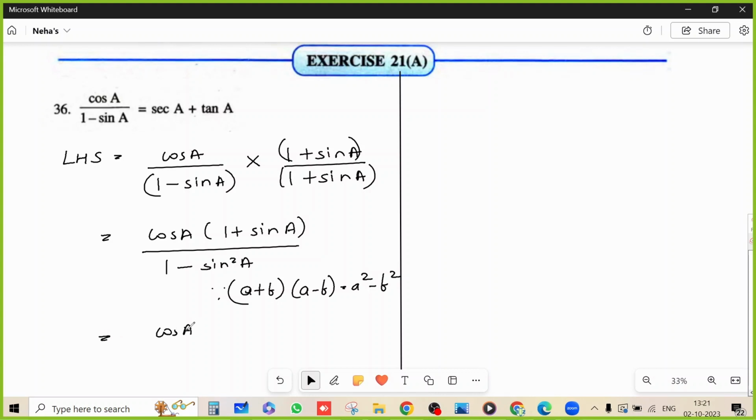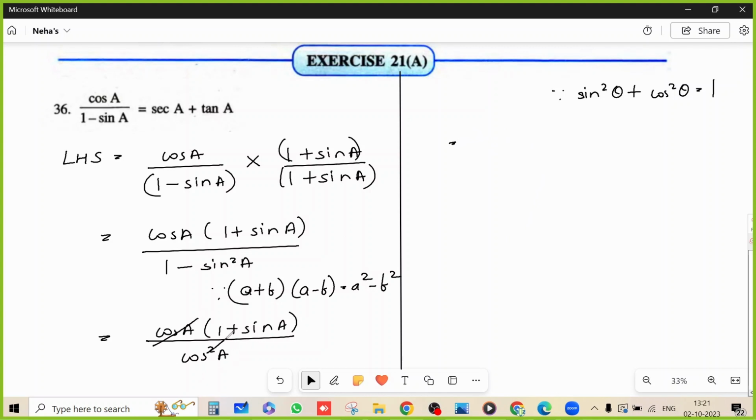The numerator will remain as it is for now, and the denominator now will become cos square A. This is by the identity, since sin square theta plus cos square theta is equal to 1, therefore 1 minus sin square theta is equal to cos square theta.